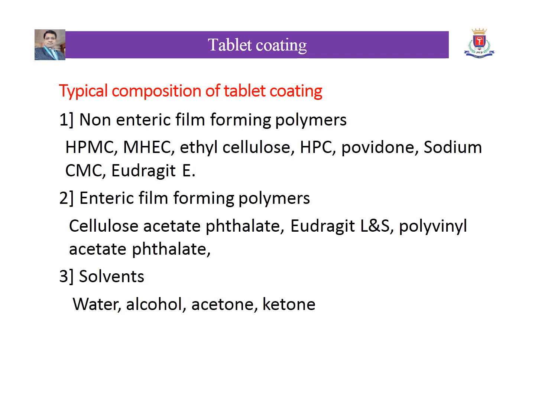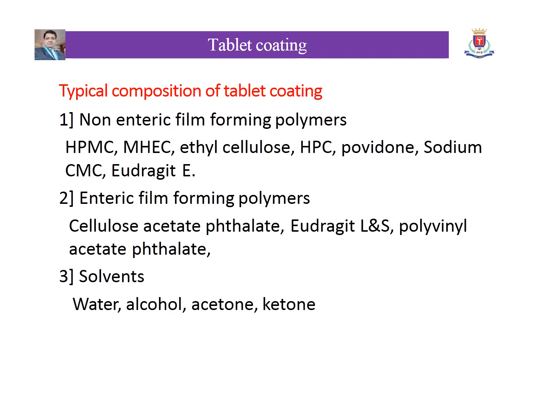Polymer is a main component in coating composition. There are two types of polymers: non-enteric film forming polymers and enteric film forming polymers. Now see about non-enteric film forming polymers.